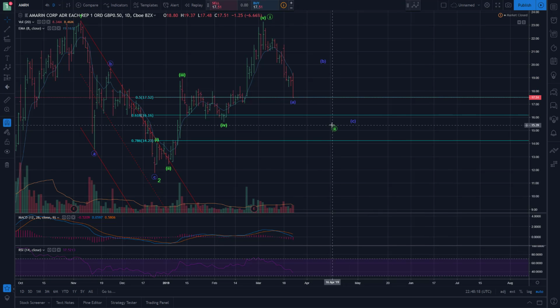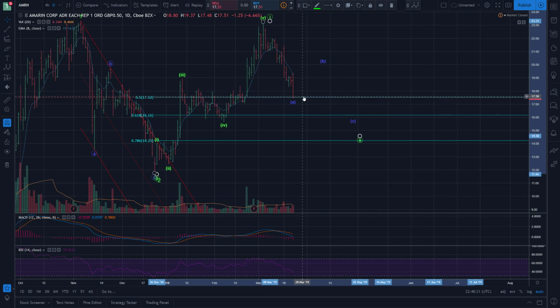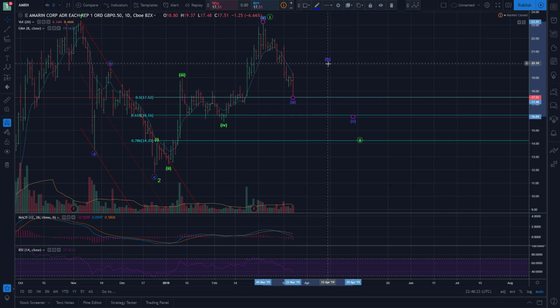So it's possible we're doing something like this, and so far we've already done a 50% retracement. It looks like we have some sort of 5 wave structure, at least on a short-term basis, looking pretty mature here. So I imagine we bounce soon in maybe a B wave, and then we come down for one more leg, and maybe go down to the 618 retracement, which would be very typical, or even the 786 retracement for a wave 2 pullback wouldn't be out of the question.